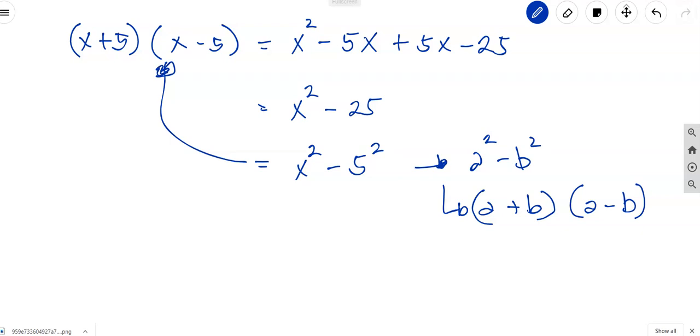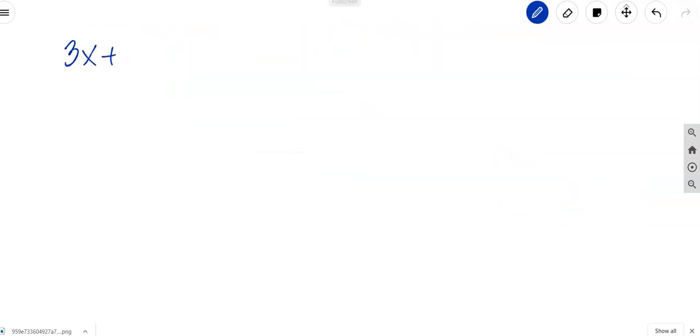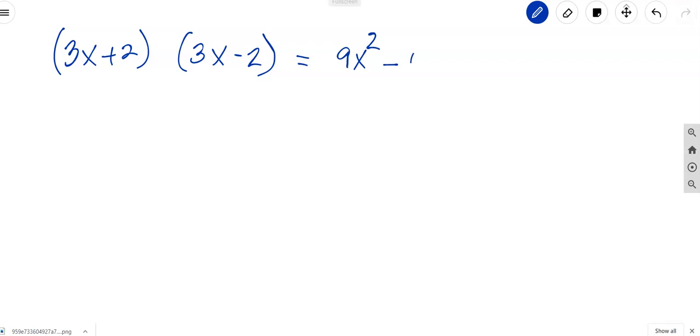Another example. If we have 3x plus 2 times 3x minus 2, what will be the product? So therefore, we'll have 9x squared minus 6x plus 6x plus 4. So we will have 9x squared, cancel out minus 6x and plus 6x, minus 4, because positive and negative will give us minus 4.